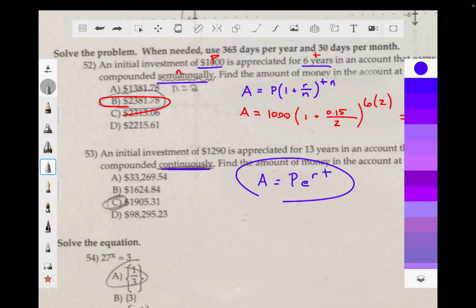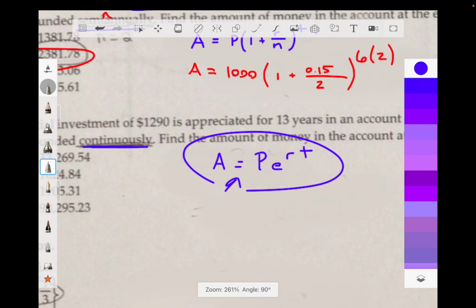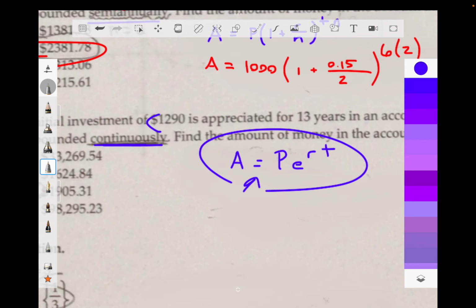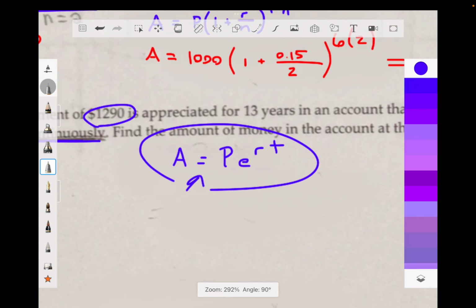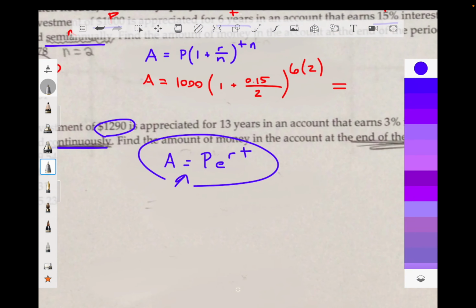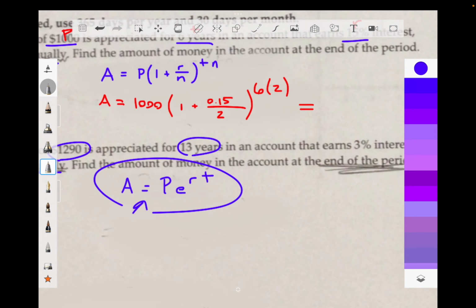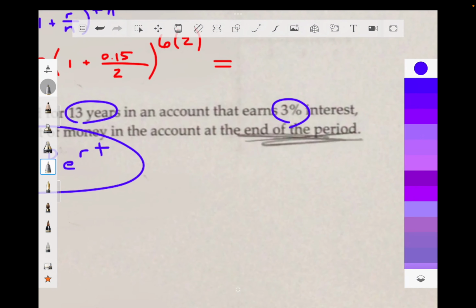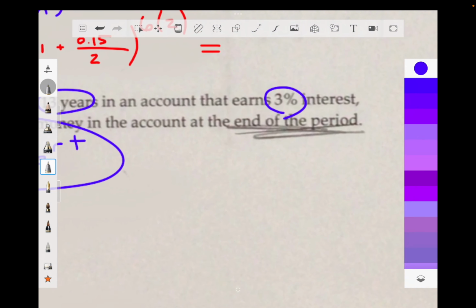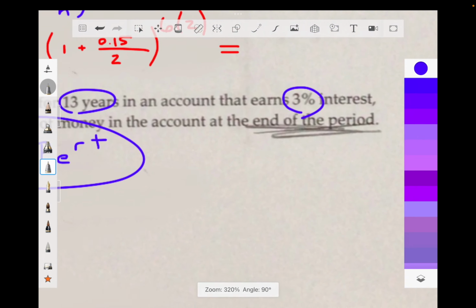But if it says continuously, then you're going to use this equation, where P is our initial investment of $1290. e is a number that you plug into your calculator. t is 13 years. Our interest rate is 3%, 3 divided by 100 is 0.03.